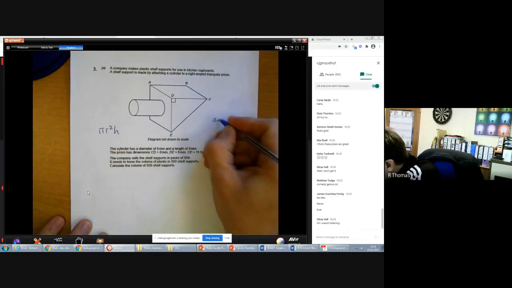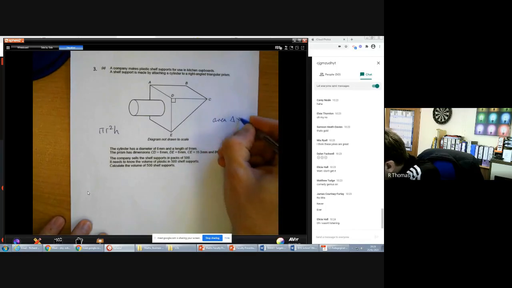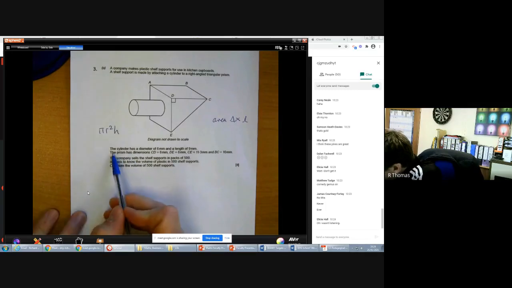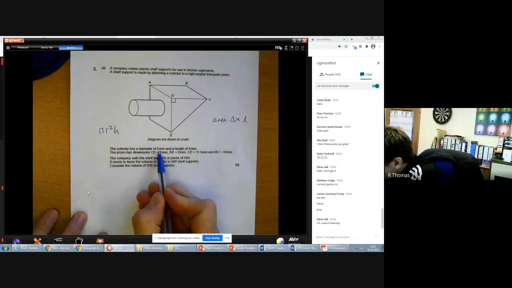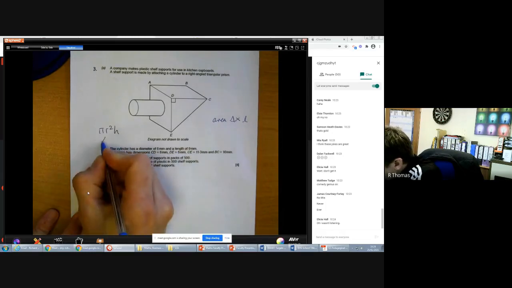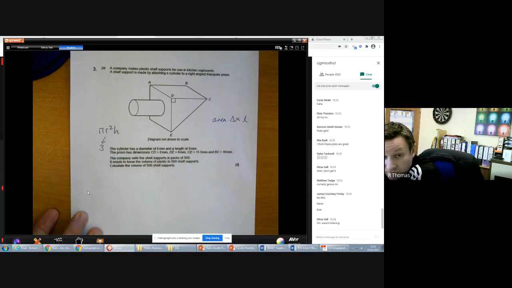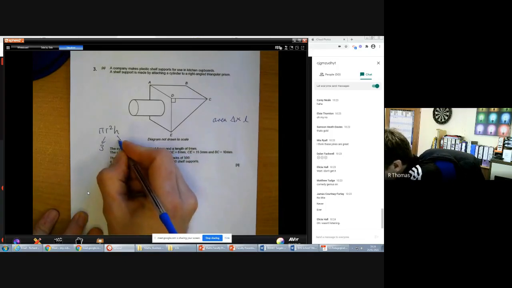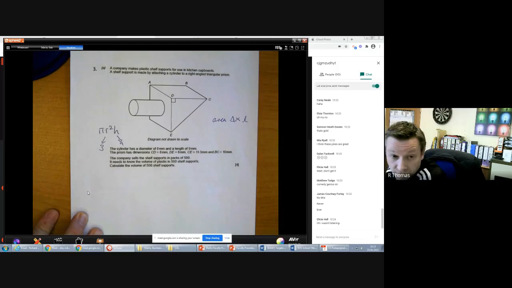Okay, so the cylinder has a diameter of 6 and a length of 9. So we know that the radius, if the diameter is 6, the radius is 3, and the length is 9, that's the height. Right, so we have those, so we can easily find out the volume of the cylinder. The prism has dimensions. C to D is 8, so this side is 8.